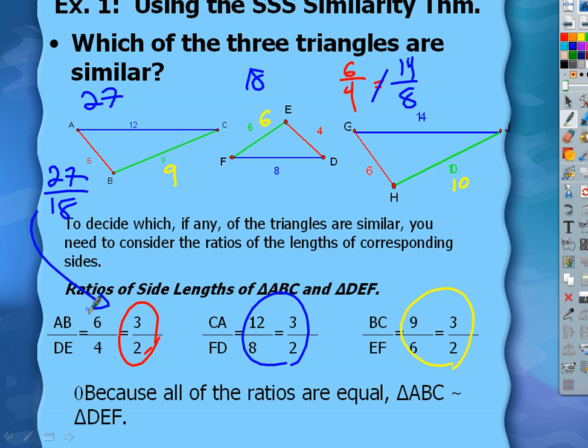If I measured the heights of these, which we're not going to do, but if I measured the height of that triangle and the height of that triangle, those would also be in the ratio 3/2. They'd have to be, because we could measure them with a line. And if I drew them carefully, those were right angles. Okay? Questions? Okay?